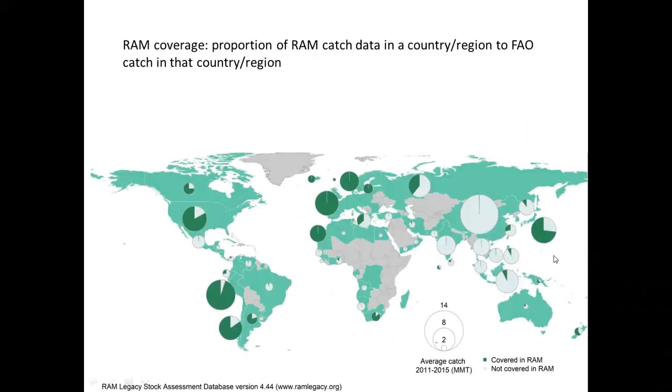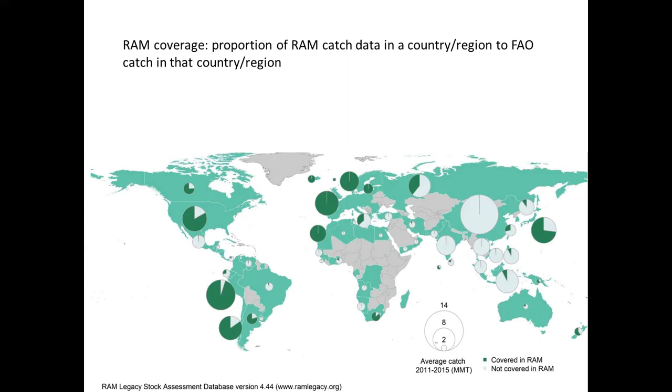This is a map that you'll see again on the website, that shows the coverage of the database. The size of the circles is the catch, the landings reported to FAO by individual countries, and what's shaded in green is how much of that catch is represented in the RAM Legacy Stock Assessment Database.